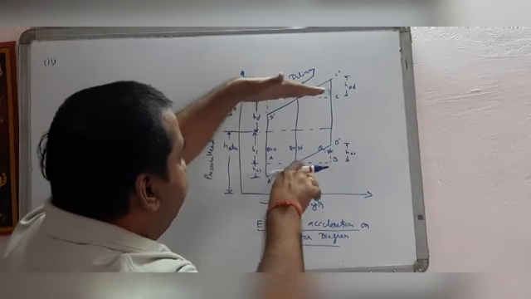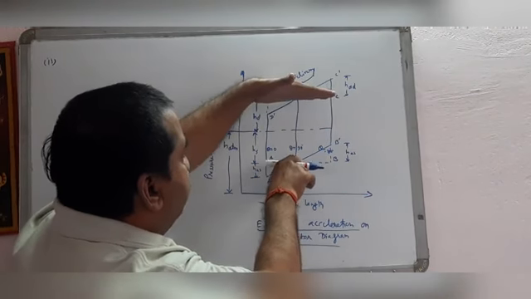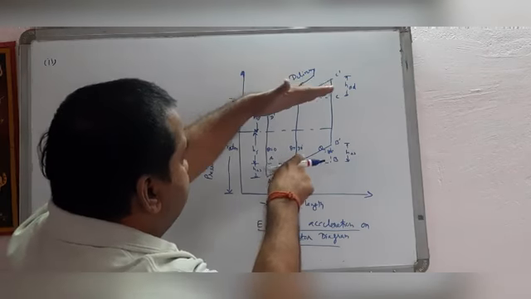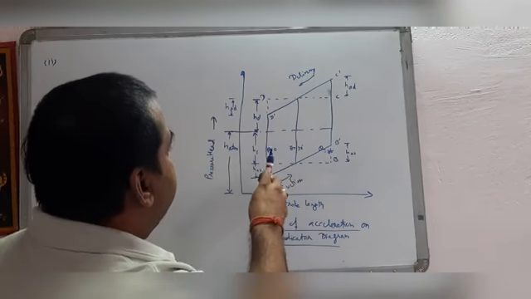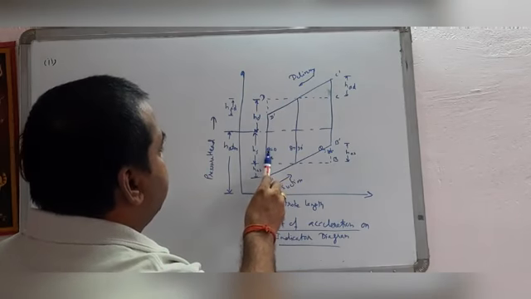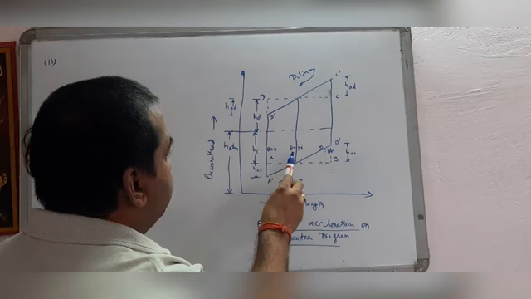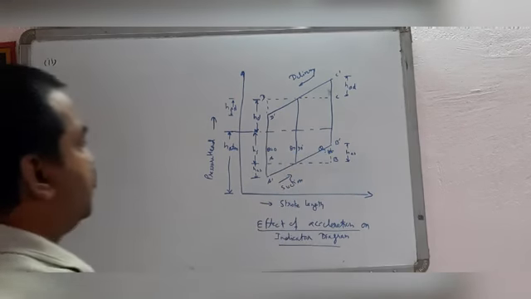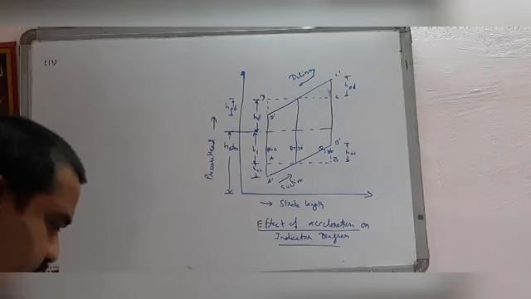Actually this diagram should be in this type of pattern, but due to acceleration it is changed. Here this is the diagram for theta equal to 0, this is theta equal to 90, and this last is theta equal to 180 degree.